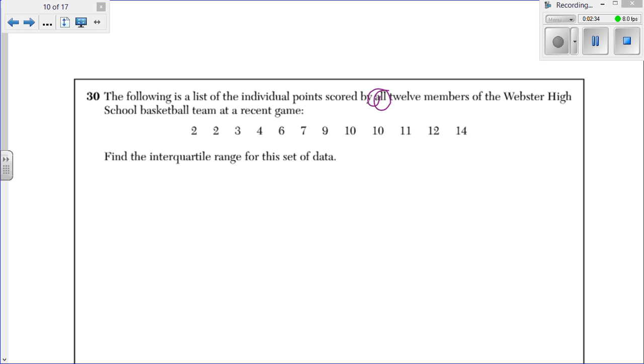Interquartile range means we have to find Q1 and Q3. You can put this into your calculator, or you can figure it out here. We have 12, so 1, 2, 3, 4, 5, 6. And then halfway in between here is 3.5.